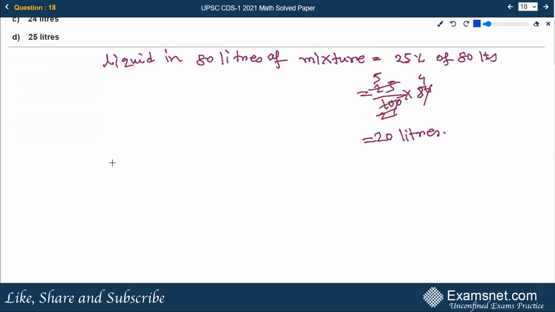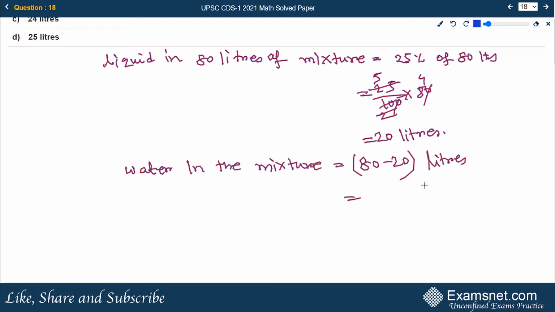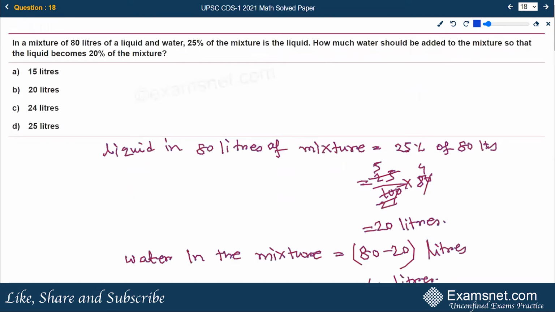So the rest part is water. And how much amount is that? So water in the mixture, that is 80 minus 20. So it will be 60 liters. Now they said, how much water should be added?